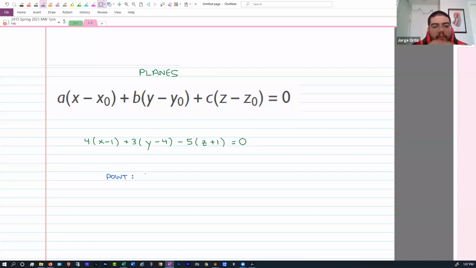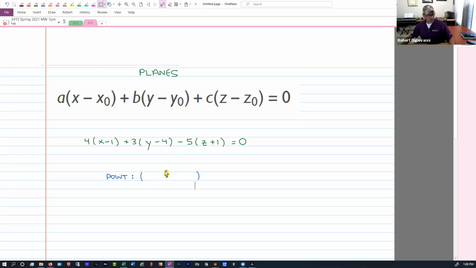Can it be 4, 12, and -5? 4, 12, where are you getting that from? Oh, are you distributing this through? Yeah. What you're doing? Okay. So look at the formula up here.